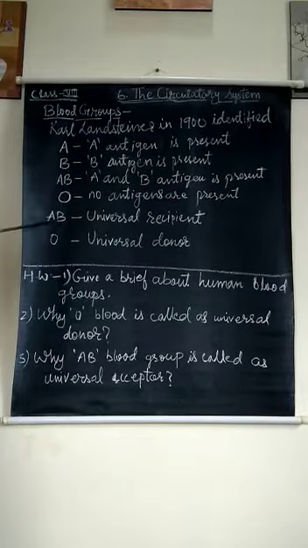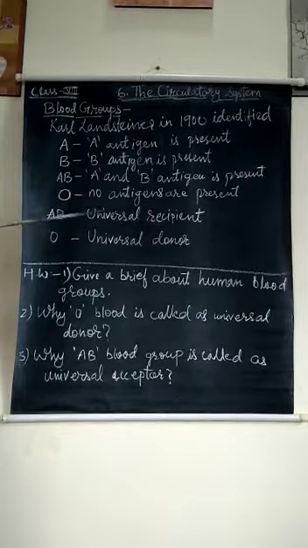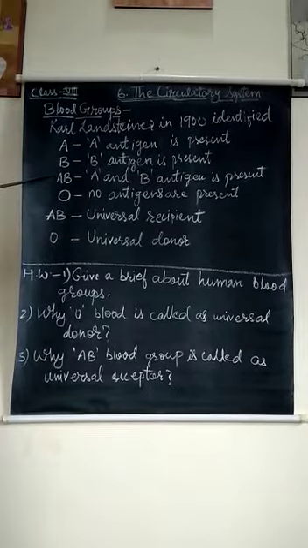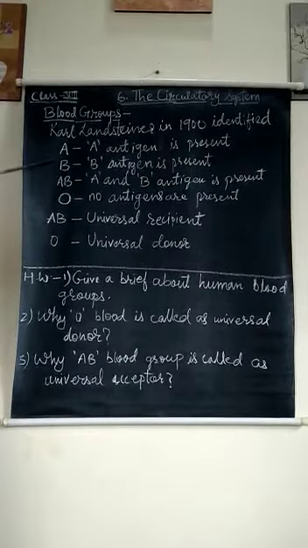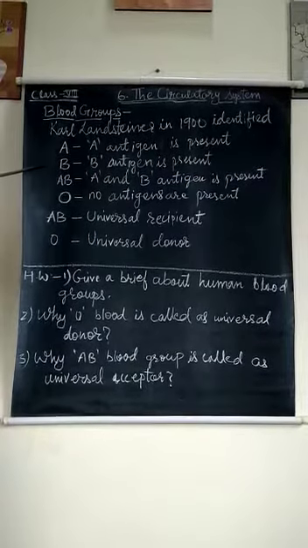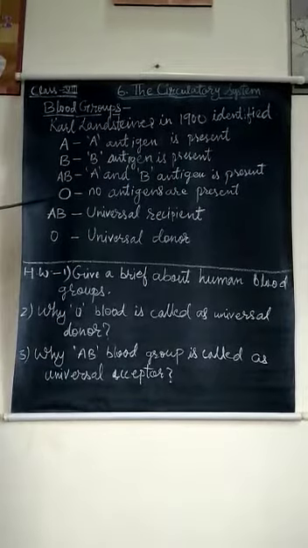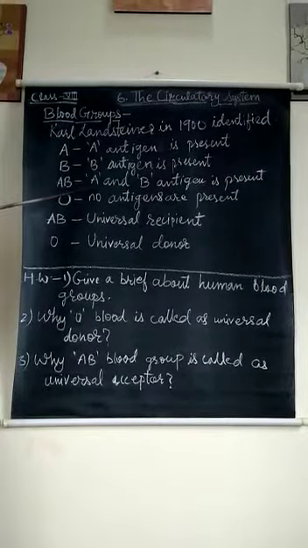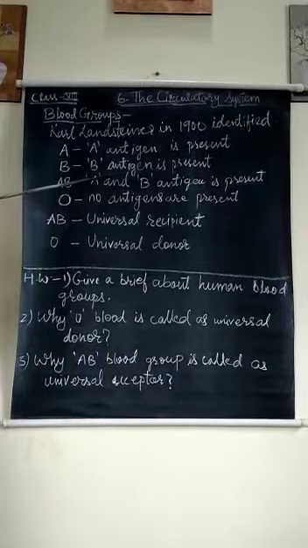Whereas AB is considered as universal recipient, because the person with AB blood group can take blood from A also, B also and O also, because both A and B antigens are present there.